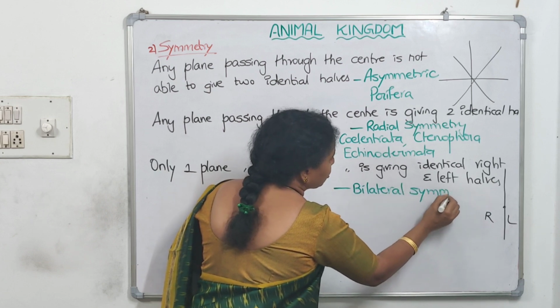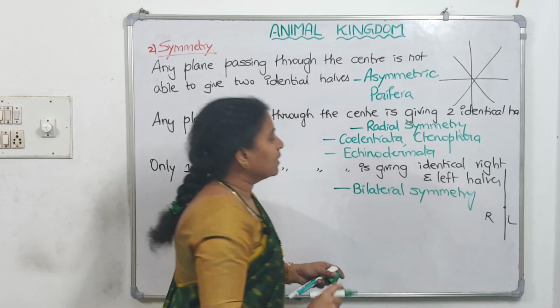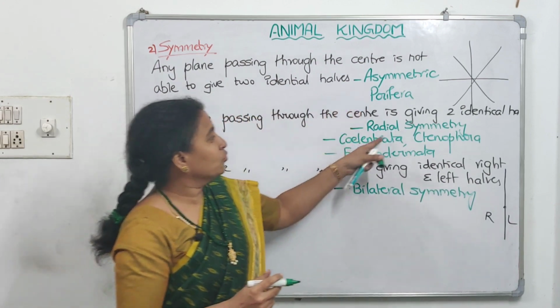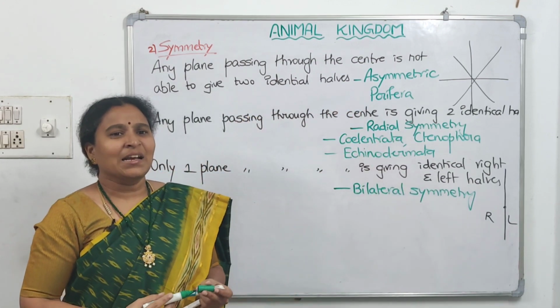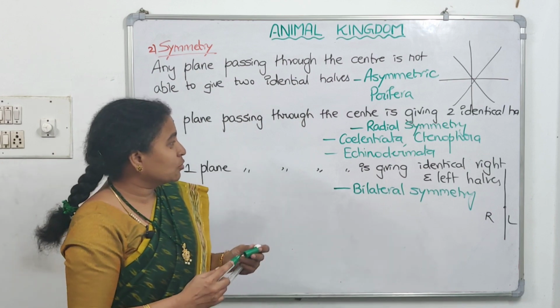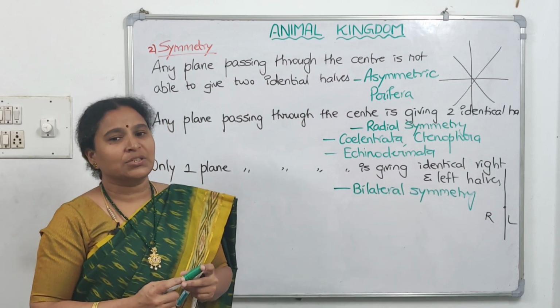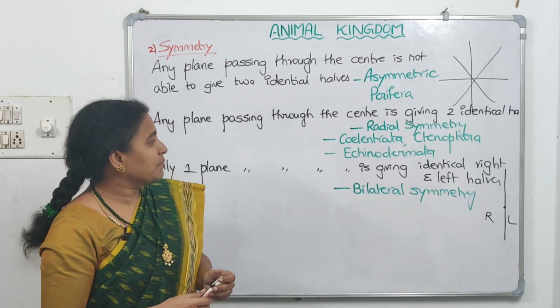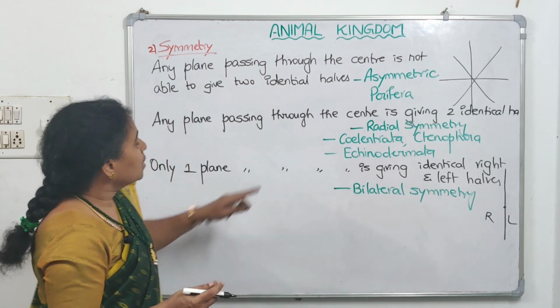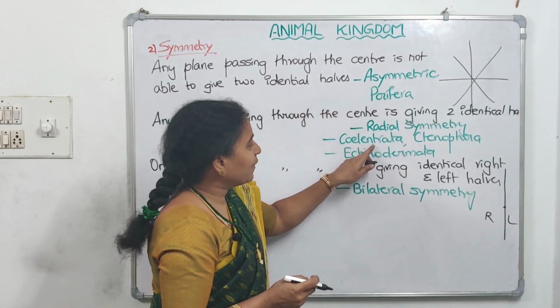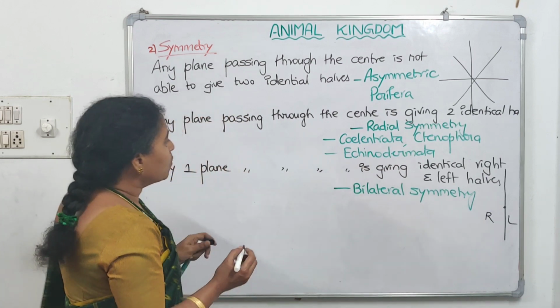Now, the phylums which are showing bilateral symmetry. Leaving 1, 2, 3, you can write down the rest, right? Like Arthropoda, Annelida, all those things you can write down as bilateral symmetric animals. If you have to list them, leave Porifera, second phylum came here, third phylum came here. What's the fourth phylum?